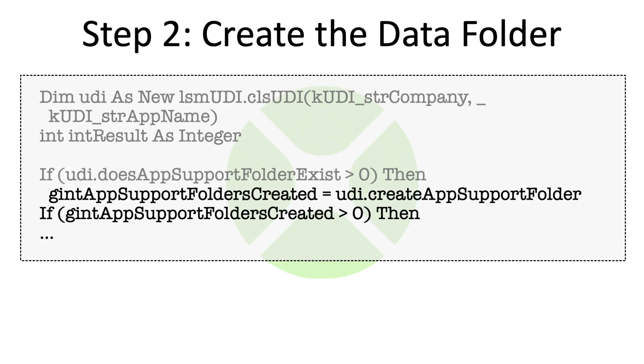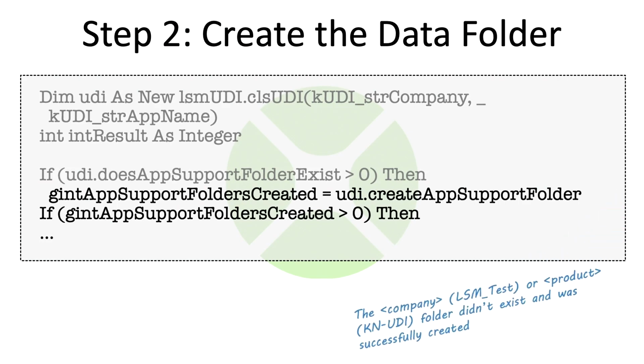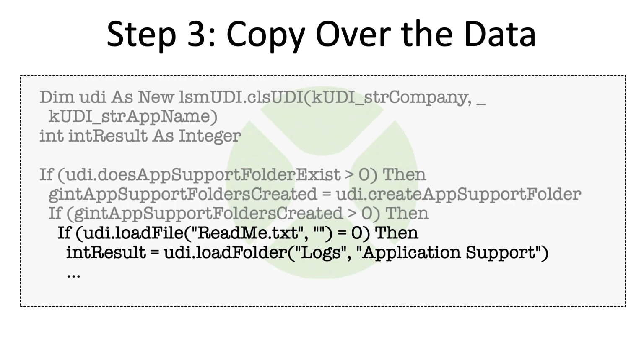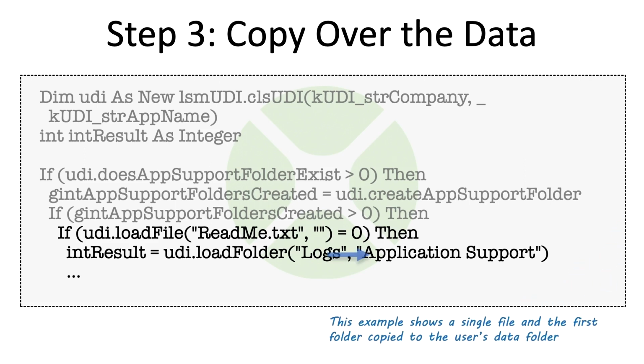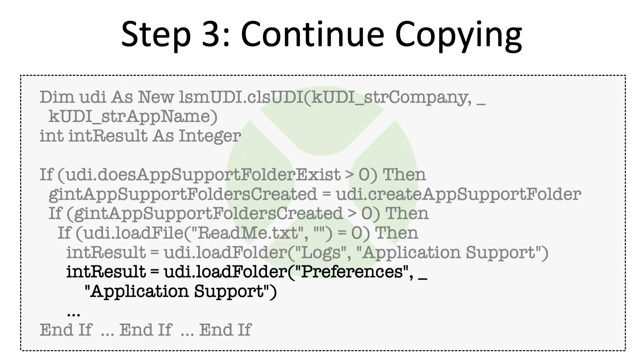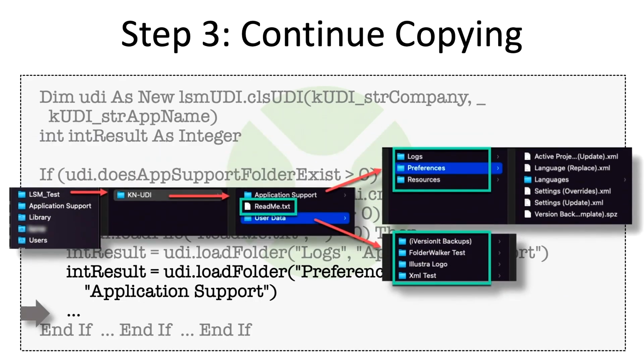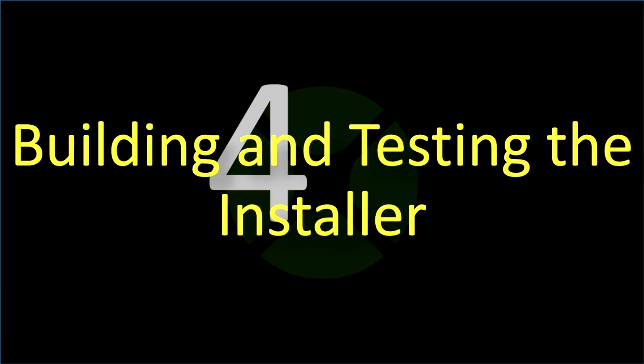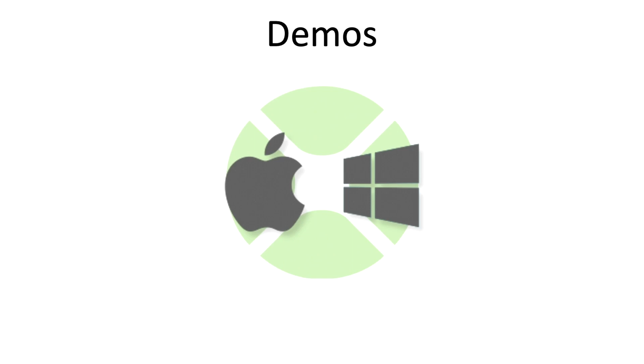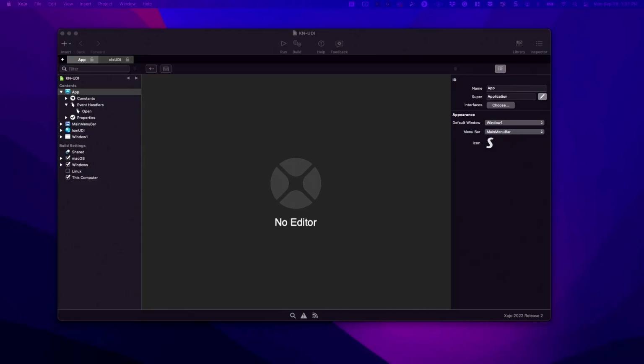And then what you can do, you can create that folder, and then you actually load that folder or file, whichever ones you want to do. And that's the code. I'm going to show you the code in just a second. And this example just shows the code necessary to move over the one file. Okay. So let's go through the demos real quick.